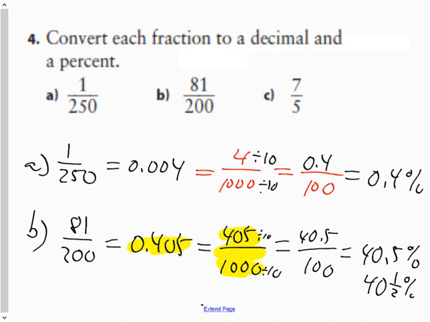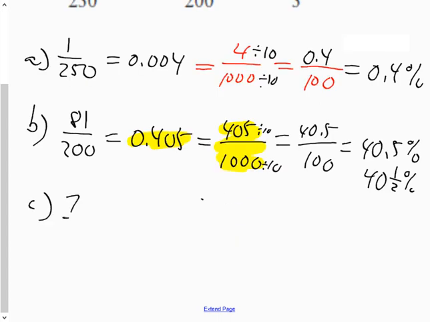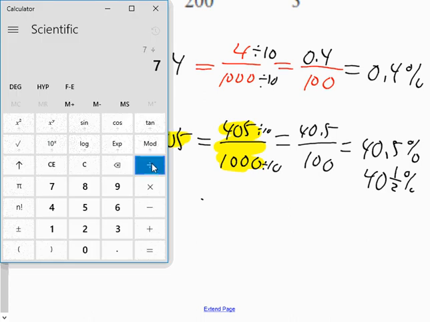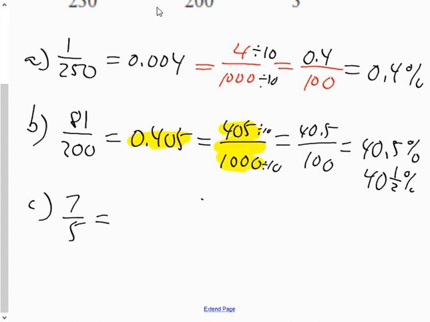And finally, C, 7 over 5. Just take your calculator and ask, what is 7 divided by 5, which is 1.4. This is where it gets tricky, because when I change this to a fraction, I have to read it as 1 and 4/10.